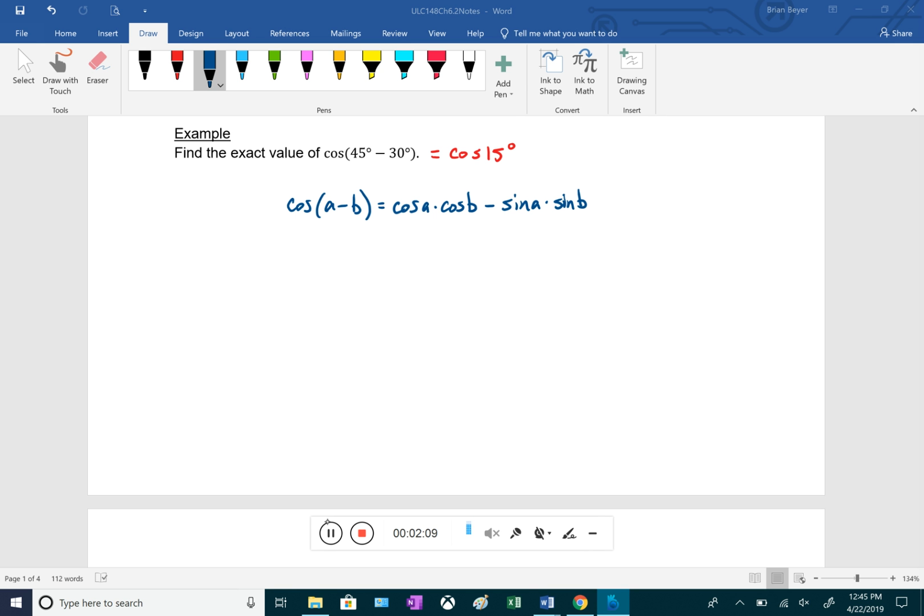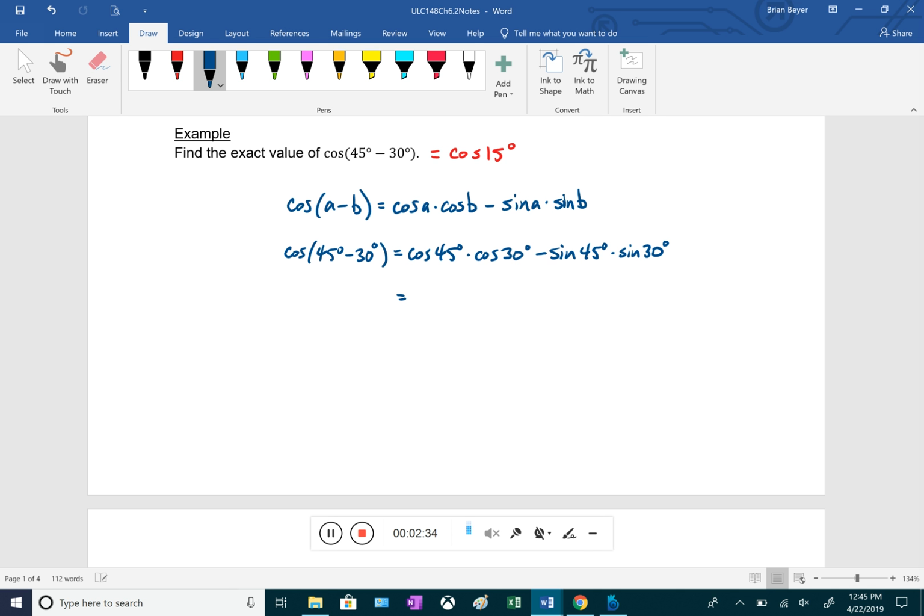So 45 degrees is a and 30 is b. We're just going to plug those in: cosine of 45 degrees times cosine of 30 degrees minus sine of 45 times sine of 30.